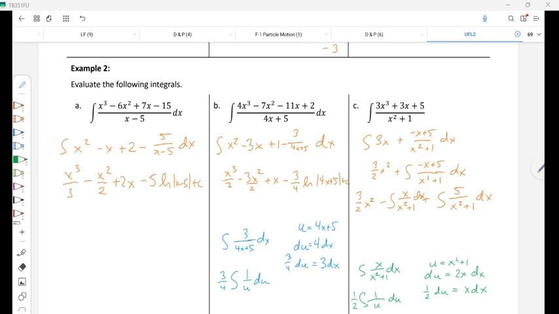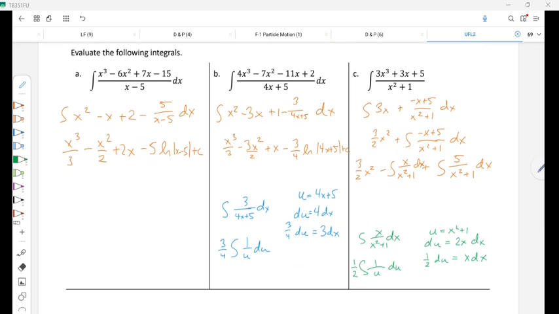So this integral comes out to 1/2 ln absolute value of u. So now we can plug that right in there.